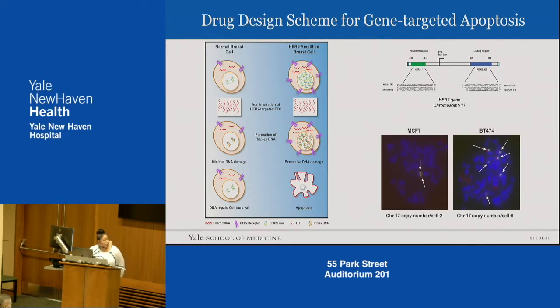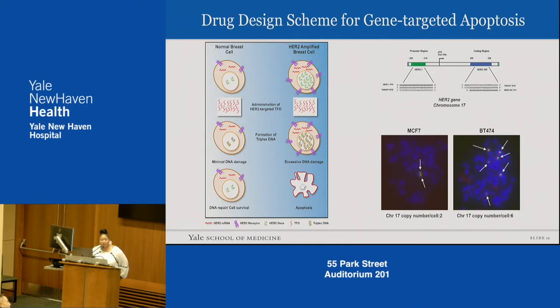And then in order to determine that we were actually having a binding event, we used non-denatured metaphase spreads. You can see here, green would be a marker for chromosome 17, which is the location for HER2. Red would be our labeled oligonucleotide that's tagged with TAMRA.